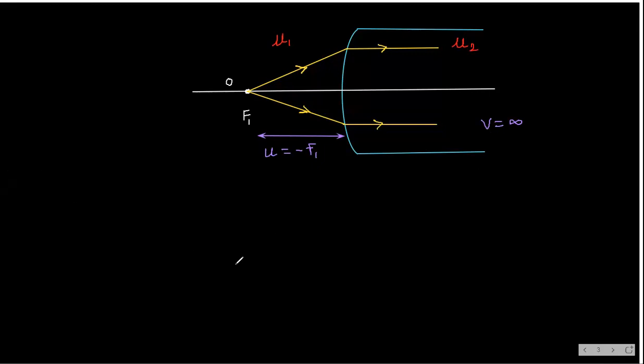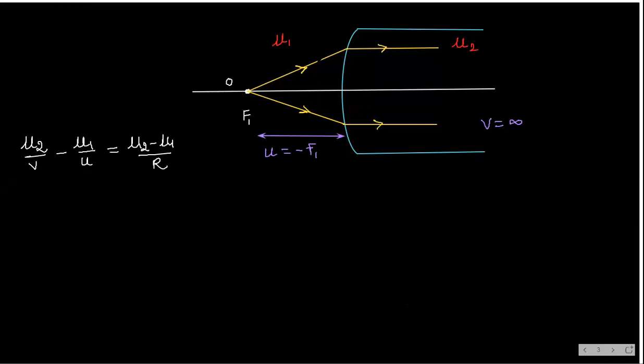So see, what is our formula? mu2 by v minus mu1 by u is equal to mu2 minus mu1 divided by R. Now v is infinity.